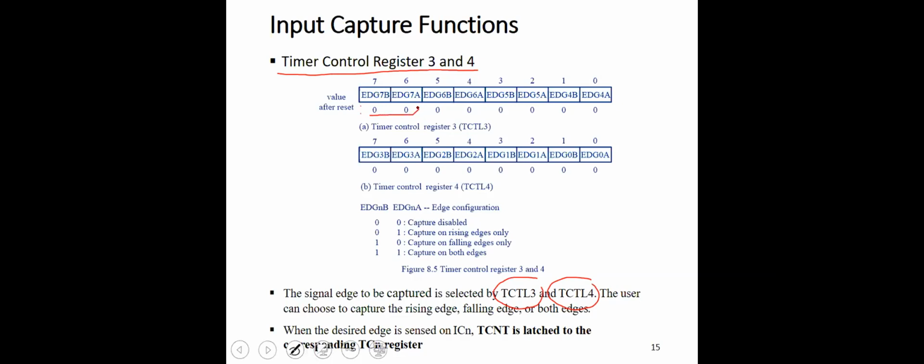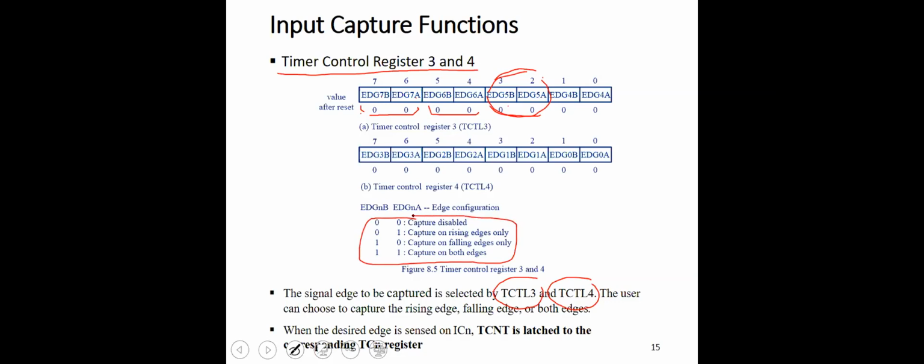This is for channel 7. This is for channel 6. This is for channel 5, and so on. So here we have edge 7B, edge 7A, edge 6B, edge 6A, edge 5B, edge 5A. So 2 bits are associated to each channel, and the value in each of these pairs specifies what type of event triggers the capture operation.